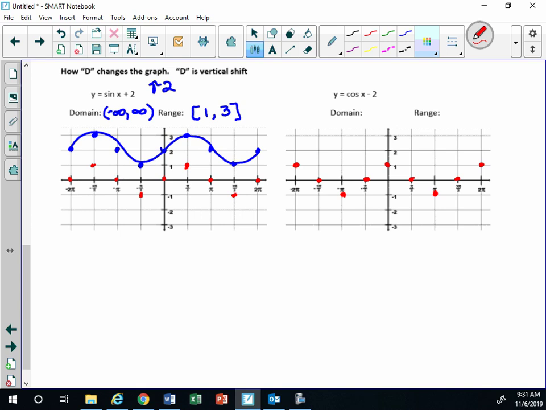Cosine kind of looks like a W. And then where am I going on this one? Down.